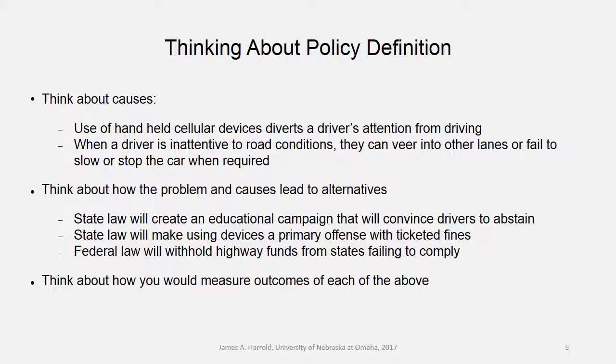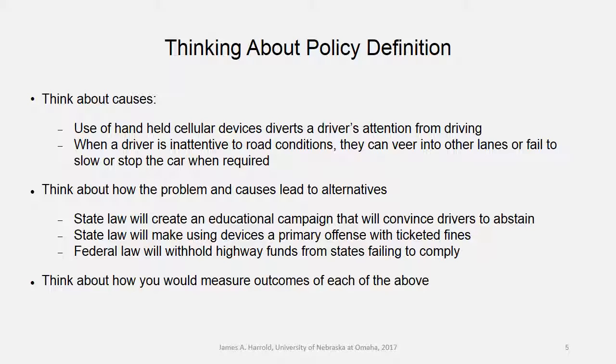And then we talked about some federal solutions. For example, we said, well, the federal government should coerce states into doing that by withholding highway funds from states that fail to comply. Okay, so we came up with these kinds of alternatives, but one of the things you want to think about as you're devising your problem statement is that you want to understand how you would measure each of the outcomes.